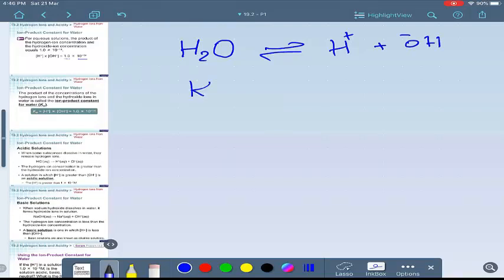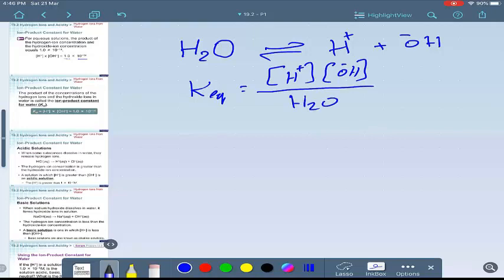If you want to calculate the K equilibrium here, it equals the concentration of the product H positive times the concentration of the product OH divided by H2O, which is constant, I know.